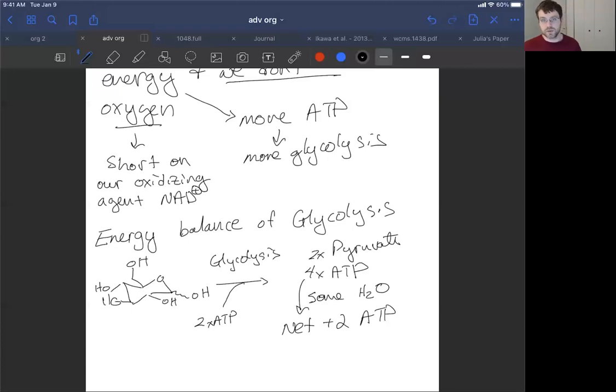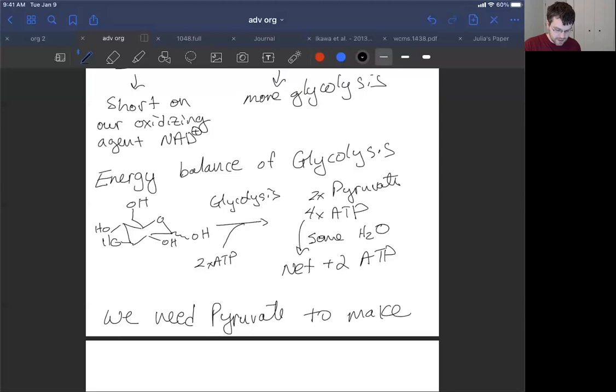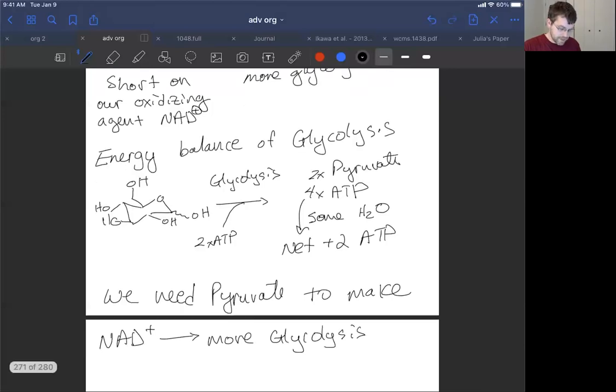So what we need to do is rely on pyruvate to make some NAD+. We're going to need pyruvate to make some NAD+, because if we can make some NAD+, the NAD+ can then do more glycolysis, which gives us more ATP. Okay, so that's the goal here.